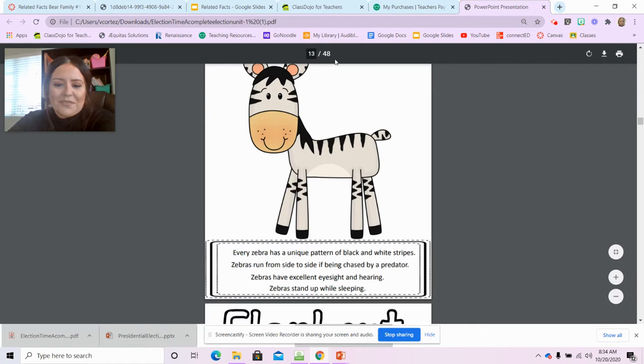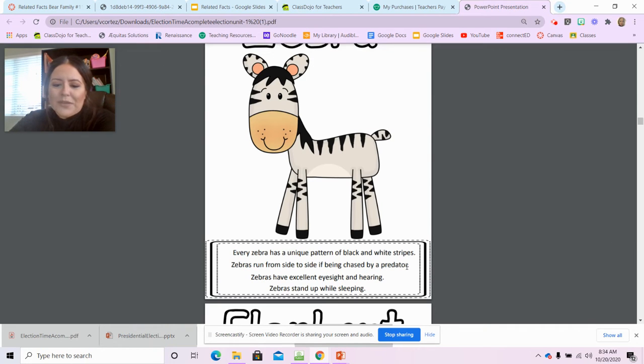Okay, so the zebra is a very unique animal. None of them look the same. They all have a different stripe pattern. And they run from side to side when they're being chased by the predator. They have excellent eyesight and hearing, and they sleep standing up.